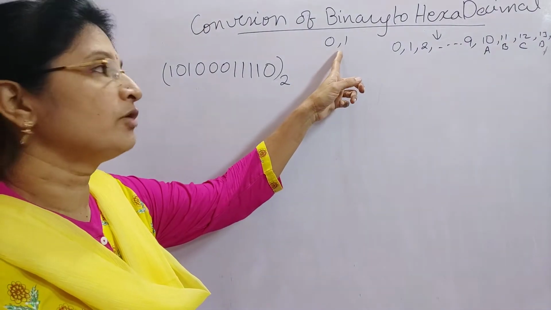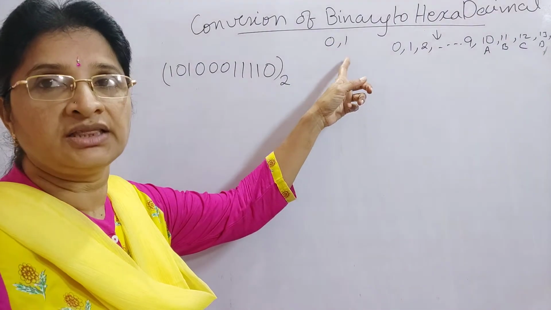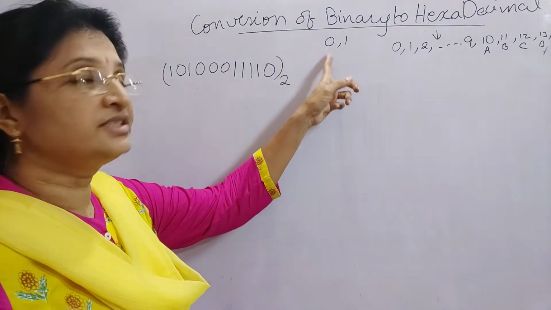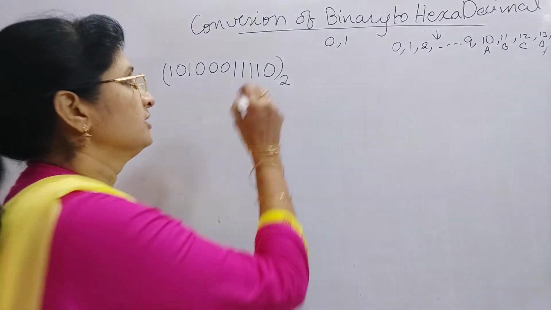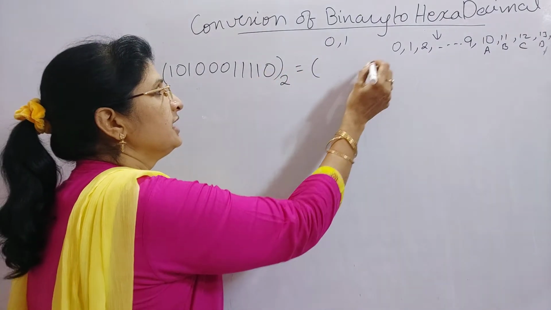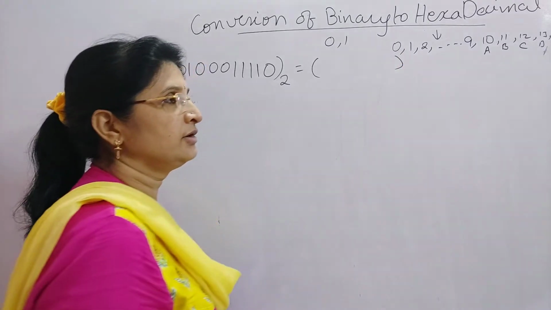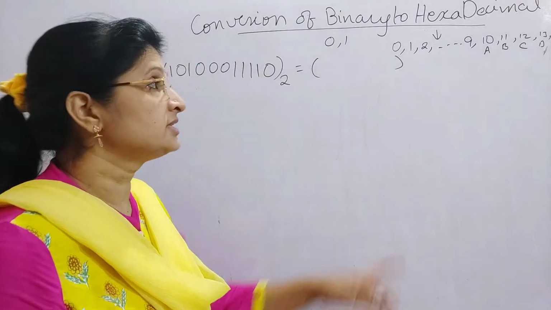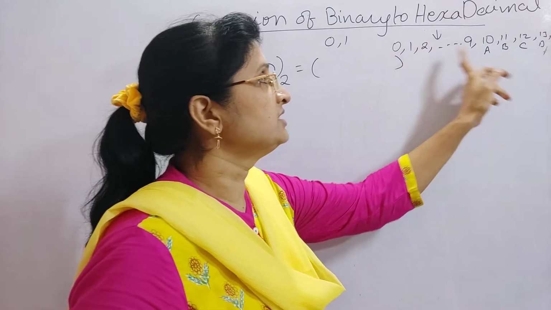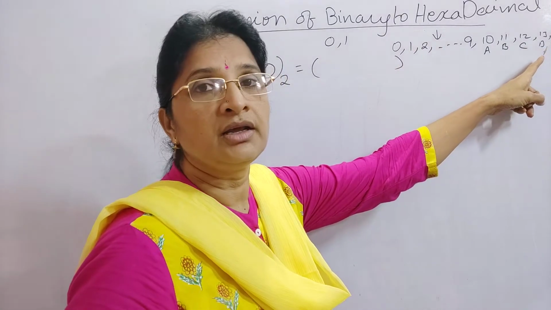And the base of a binary number, base means nothing but how many digits we will use in that number. Now we have to find the equivalent hexadecimal number. For the hexadecimal format, how many digits you are going to use, that is the base.